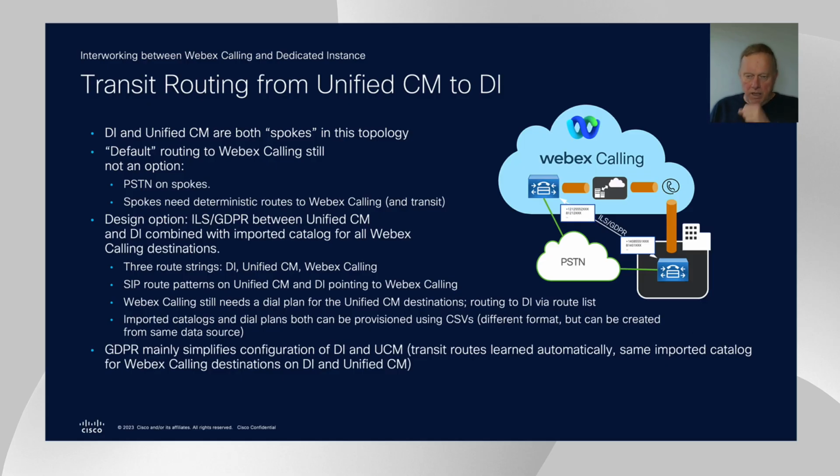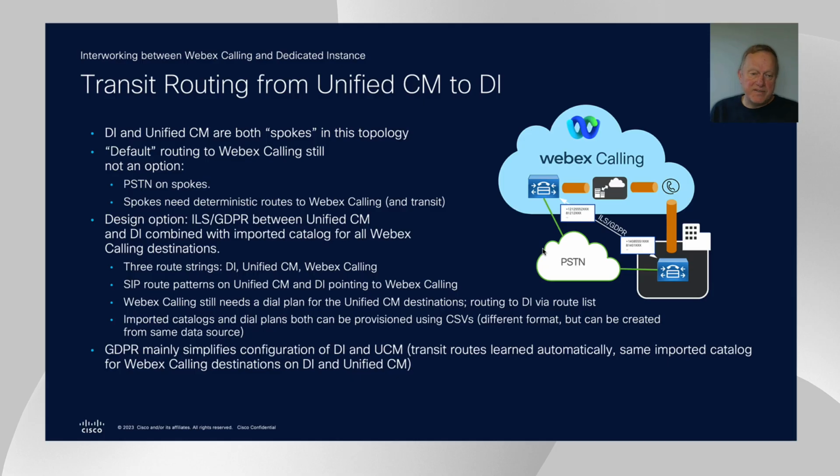All right, for this transit routing from Communications Manager on premises to dedicated instance via multi-tenant, you would need to configure basically the reachability here, right? You would need to configure route patterns in some shape or form on premises that point to Webex calling multi-tenant for all the destinations here on Communications Manager.